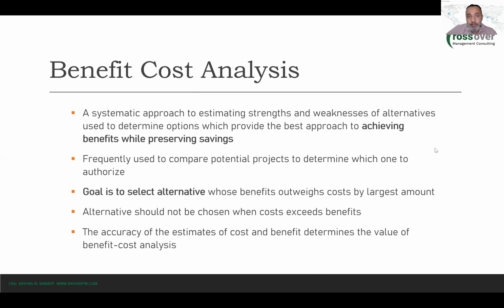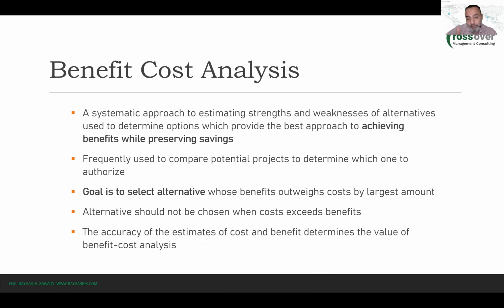the last financial measure that you can use is the benefit cost analysis, which is again comparing the benefit with the cost, and the better benefit over cost ratio that you have, the better your project is.